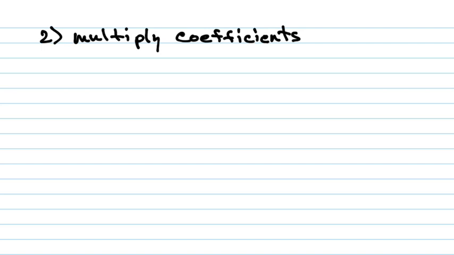So it doesn't matter. They don't have to be like terms. So just as long as it's multiplication, just take all the coefficients, and remember the coefficients of a term means the number parts, right? Just take all those numbers and multiply them together. Okay? Third, we'll just keep all of the bases.